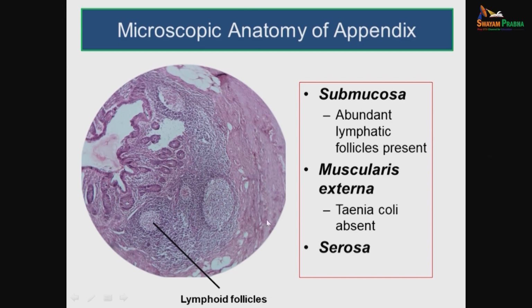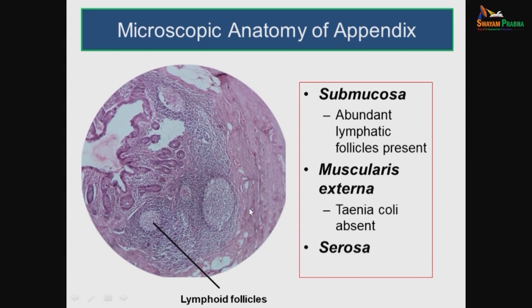With respect to the muscularis externa, there are uniform longitudinal and circular layers, unlike the large intestine, where the muscularis externa is modified into 3 bands of taenia coli. The 3 thick bands of taenia coli are absent in the appendix. It is also absent in the rectum and anal canal.